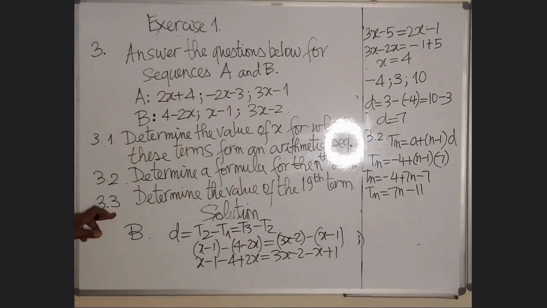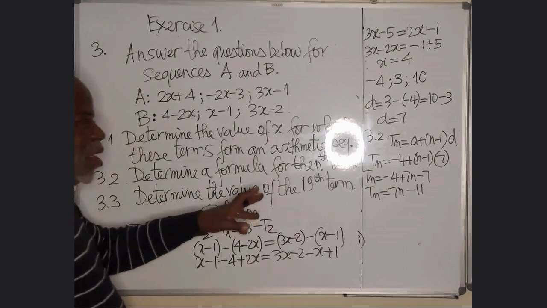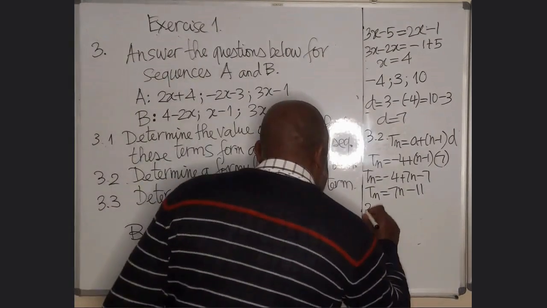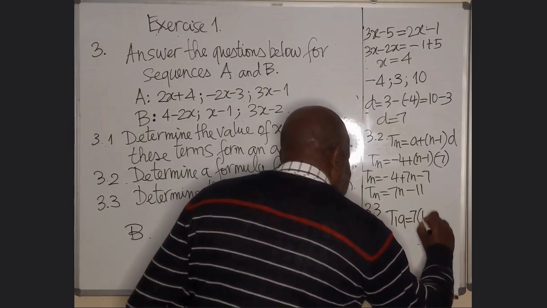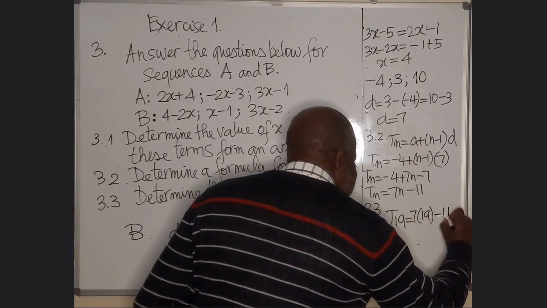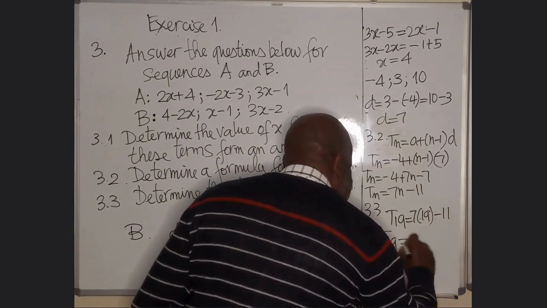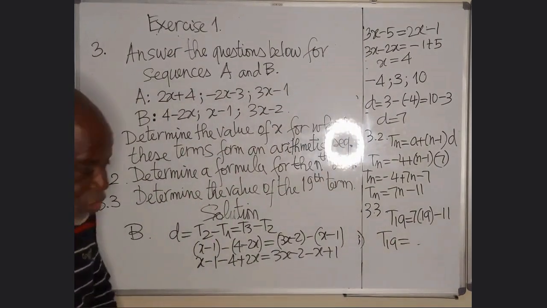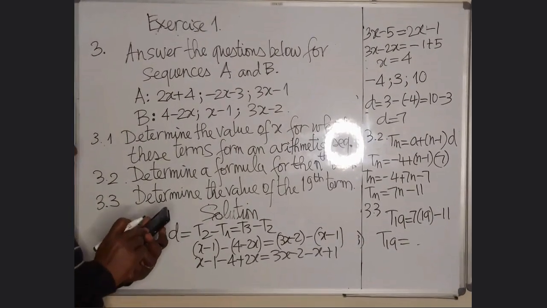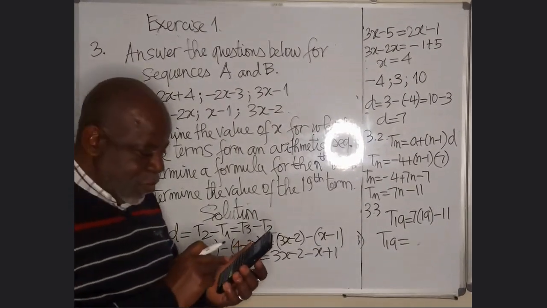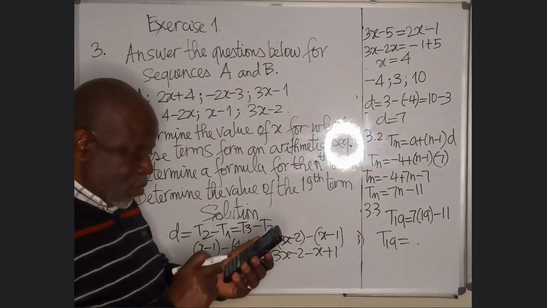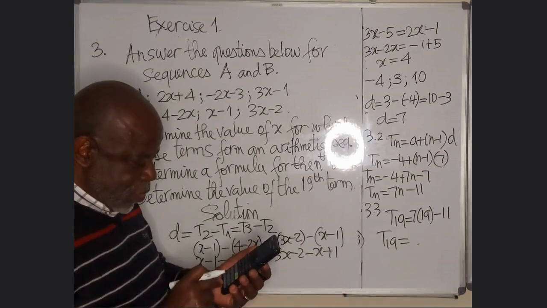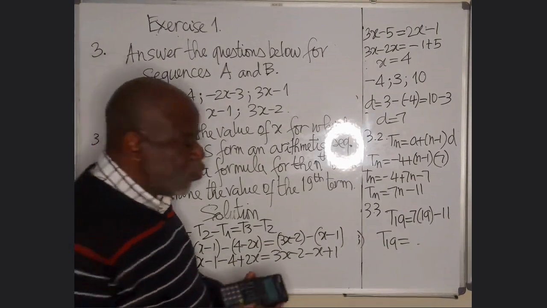We're taking the last sub-question, 3.3. Determine the value of the 19th term. T19 will be equal to 7 multiplied by 19 minus 11, and we're going to use our calculator to get the value of T19. 7 multiplied by 19 minus 11, and then we get 122.